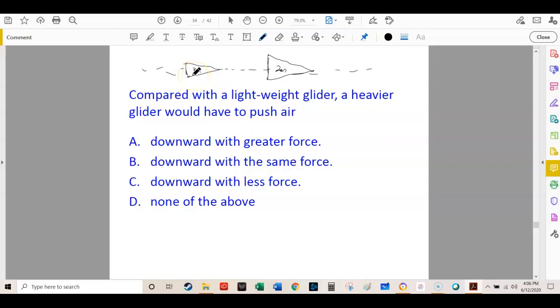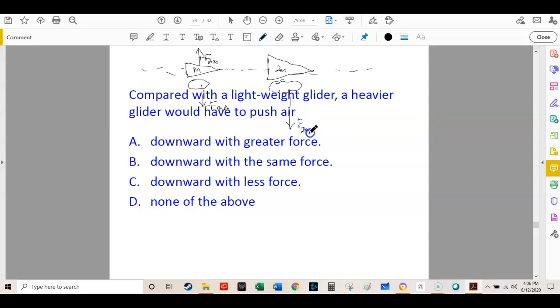Well, equal and opposite forces again. If this is a little bit of air right here, the air is going to get pushed down by the mass object on the air, and that'll be downwards. And then that same force will be pushed upwards, and this is the force of the air on the mass object, upwards. If you have a heavier object right here, it's going to need twice the amount of force down.